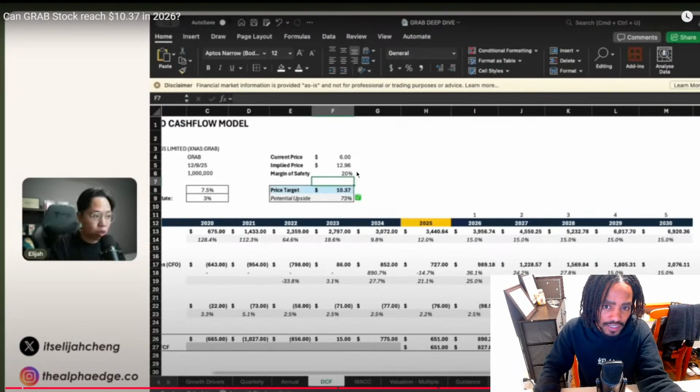Maybe 10% makes sense. And something that's really interesting about Grab, this is a Southeast Asian company, and when you buy Grab stock, you're not buying an ADR. You're buying direct shares within the company, not derivative ADR shares.